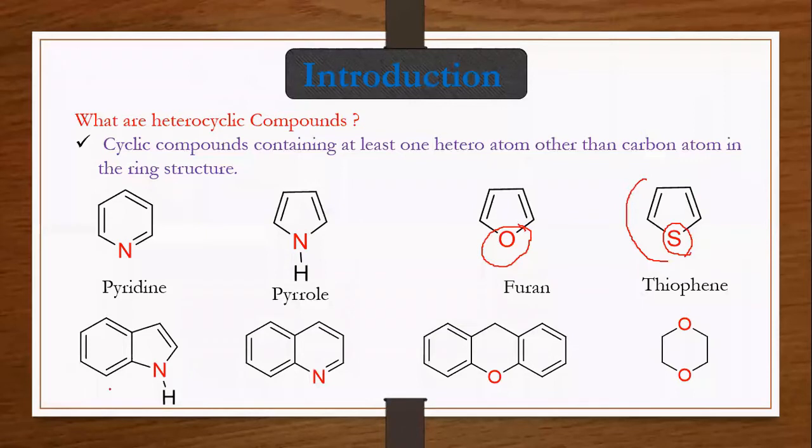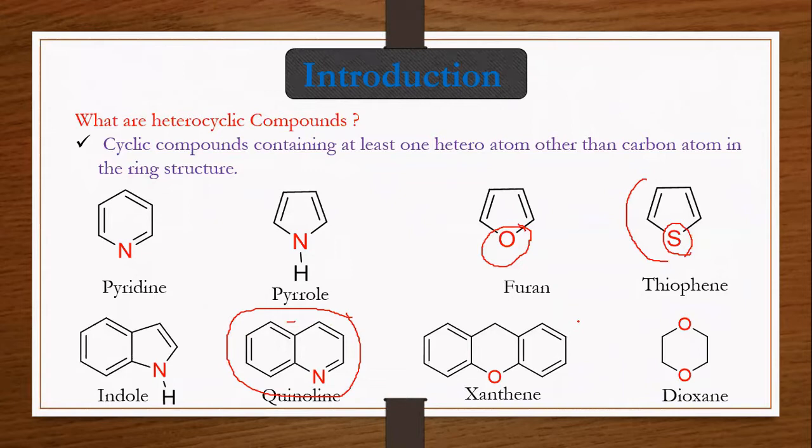Okay, this is called as indole. Now in this, what you observe, in this molecule, 2 rings are fused. One is a benzene ring and another one is a pyridine ring are fused together. This heterocyclic compound is called quinoline.